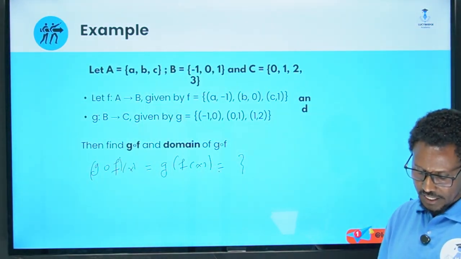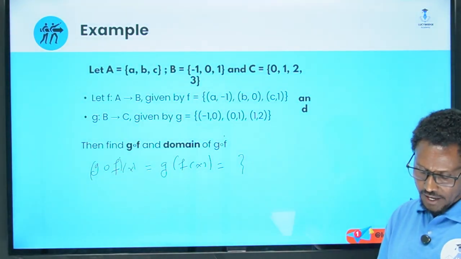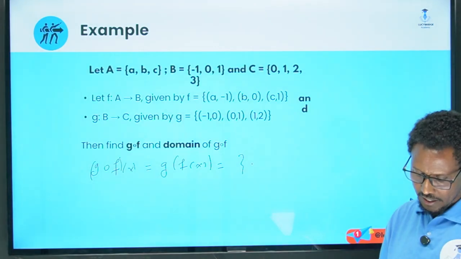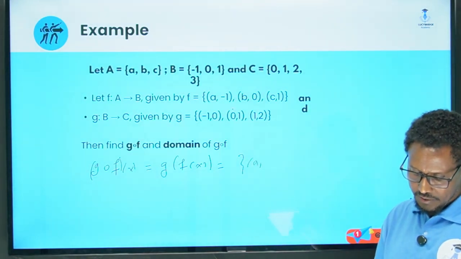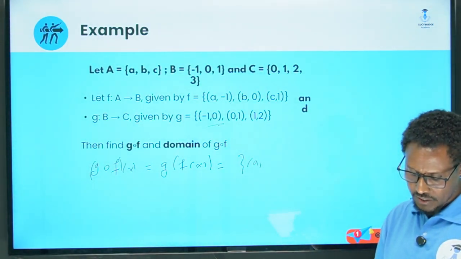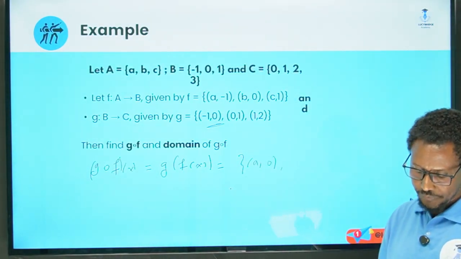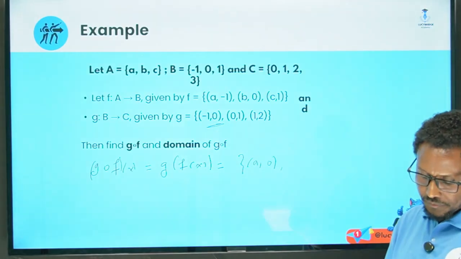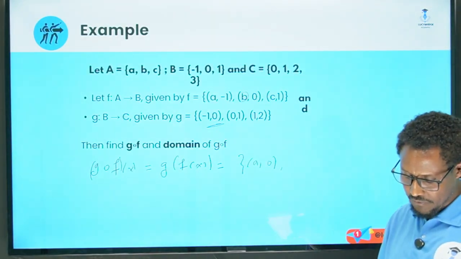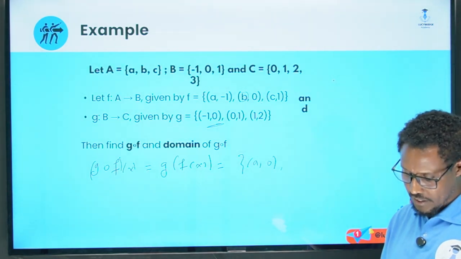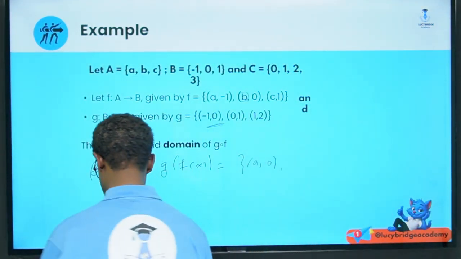First, take f of what? f of a. f of a is -1. Okay. f of a is -1. g of -1 gives us what? 0. (a, 0). Okay. Comma. Again, f of b. What is f of b? ላስቀምጥላችሁ ላይ since f is from what?